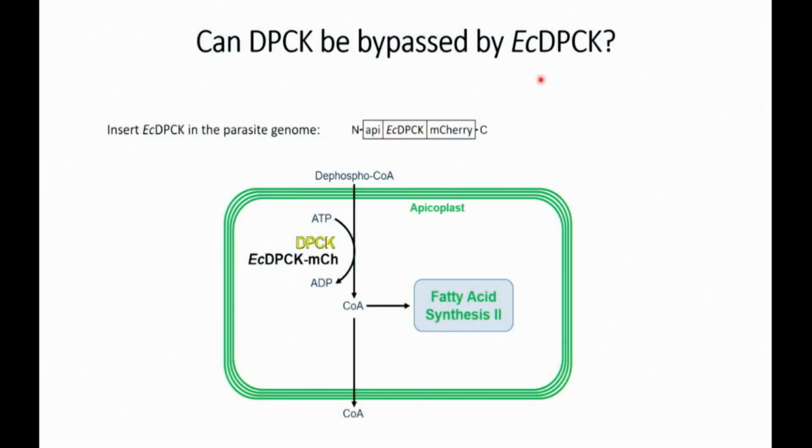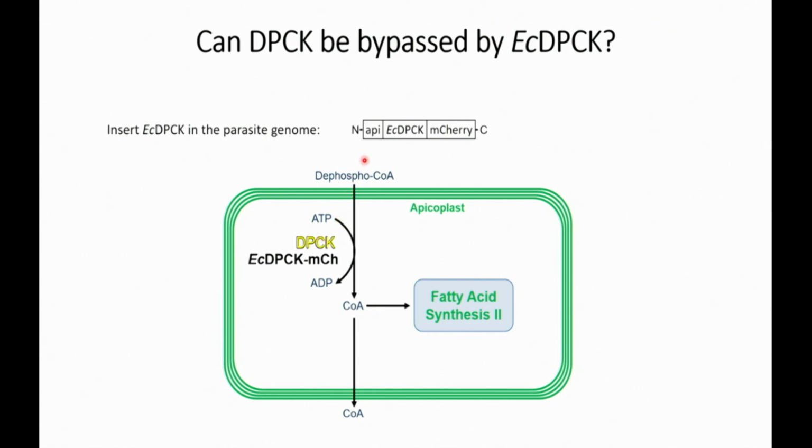And so in order to do that, we tried to bypass it. And the enzyme that we decided to use to bypass is a very well-characterized one. This is the E. coli DPCK. So this is an enzyme whose activity has been established, well-studied, crystal structure, et cetera. And so if this enzyme can bypass this candidate parasite one, it actually tells us what the function of the parasite one is.